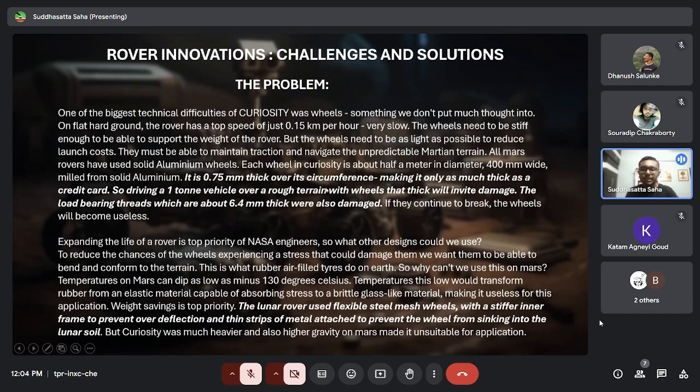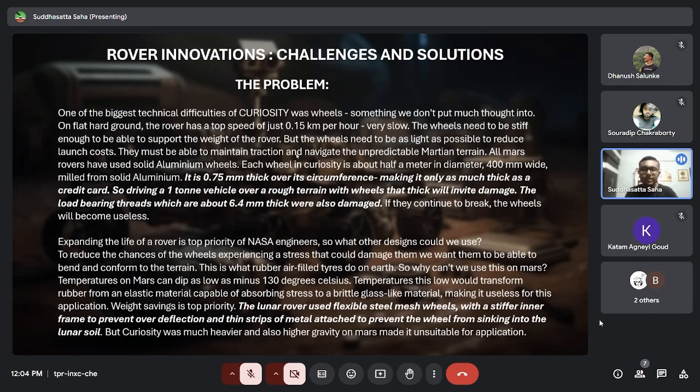So here comes the interesting problem which came up, and the top priority of the NASA engineers was always to make something which is long lasting. The rovers should have a high longevity, and so they thought of alternative designs.